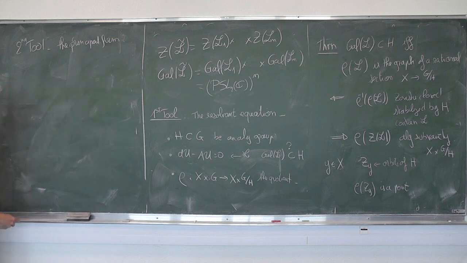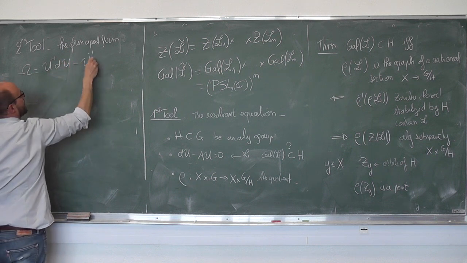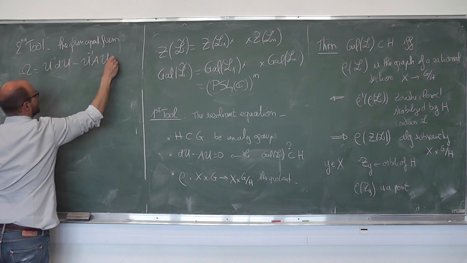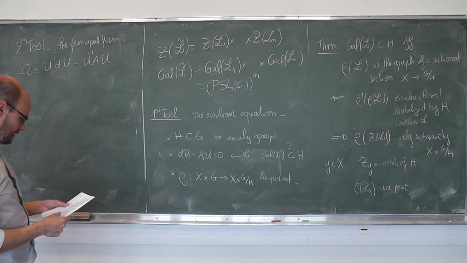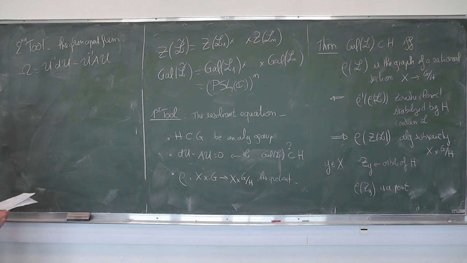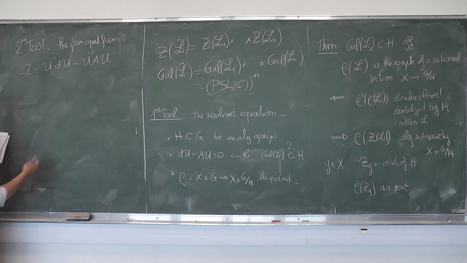The principal form, which was this omega, u minus 1 du minus u minus 1 a u. And what happens, which is pretty good, is that this form is, as I said, very compatible with the right action, the action by right multiplication.